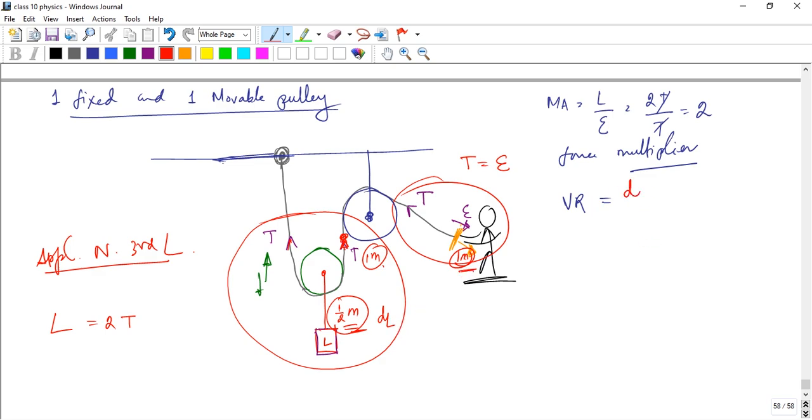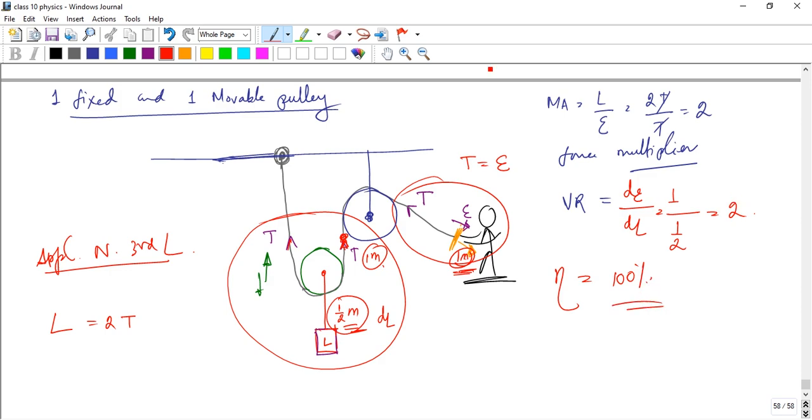So displacement of effort by displacement of load is 1 by 1/2, which is 2. Velocity ratio is also 2, and the efficiency is 100% if M and V are the same.